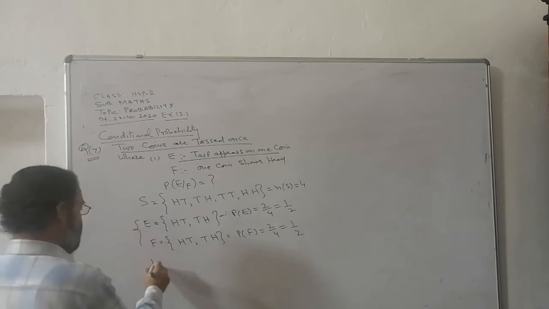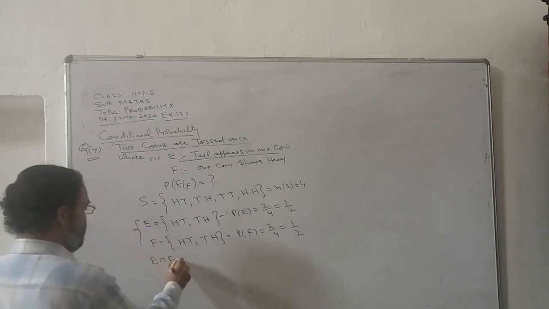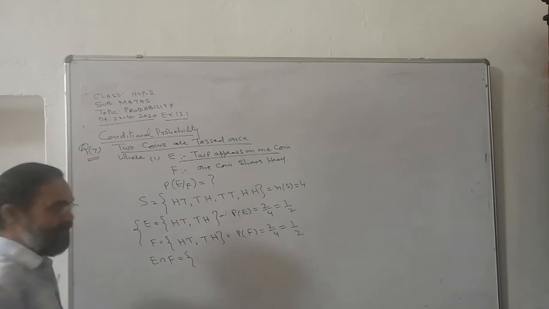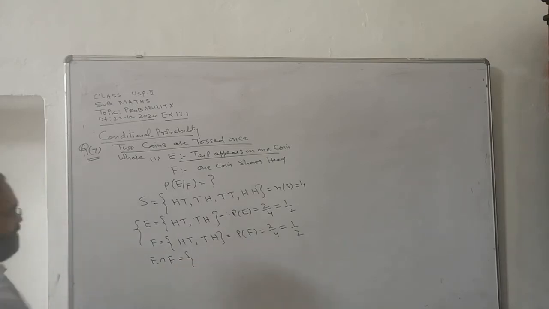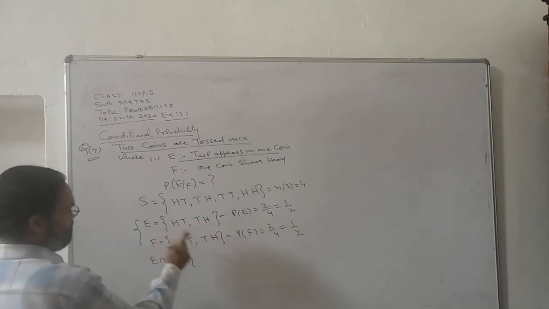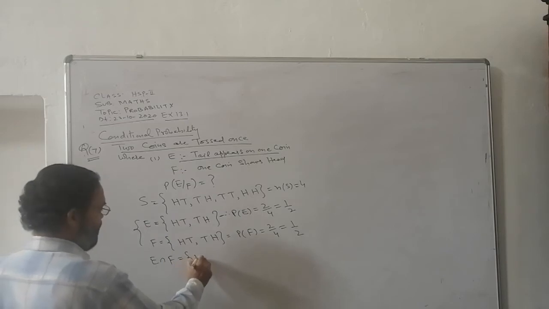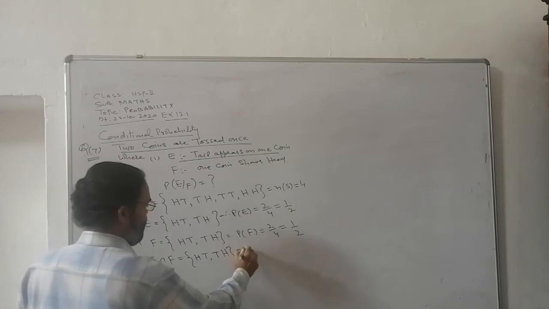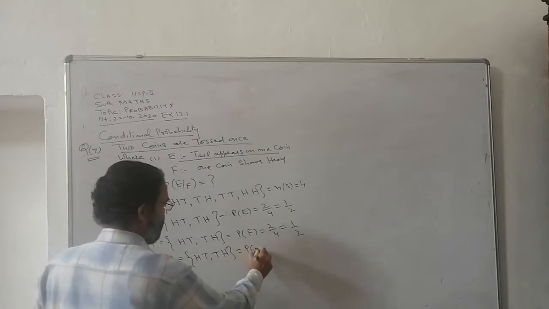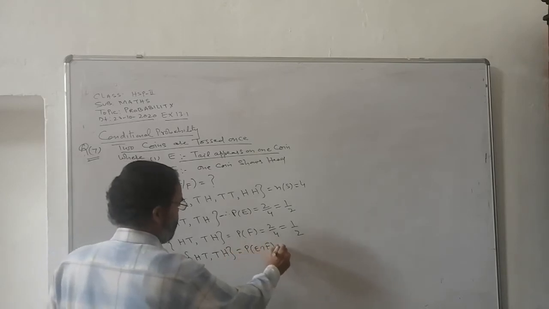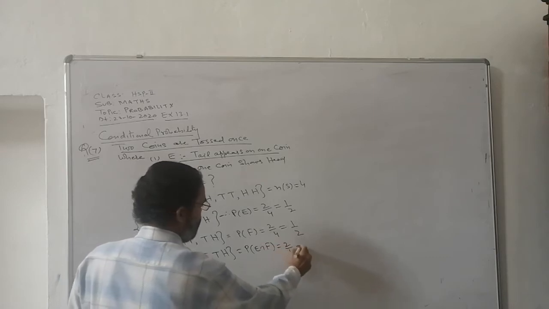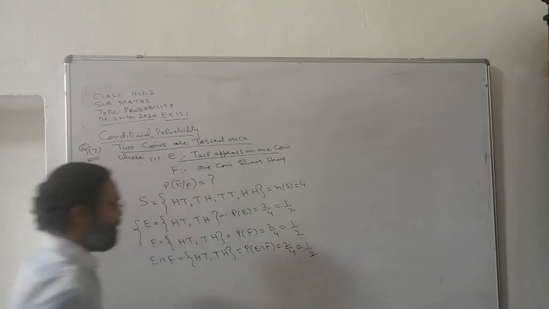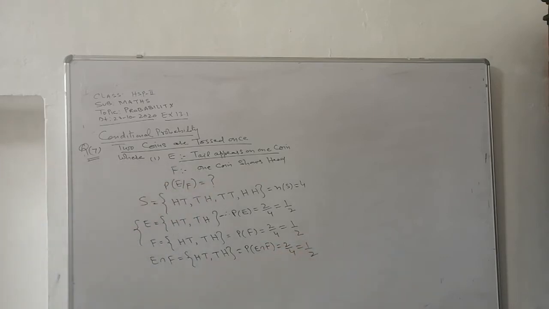Now the intersection of events E and F. In E and F we have 2 points common, head-tail and tail-head, and its probability E intersection F will again be 2 upon 4, that is 1 upon 2.